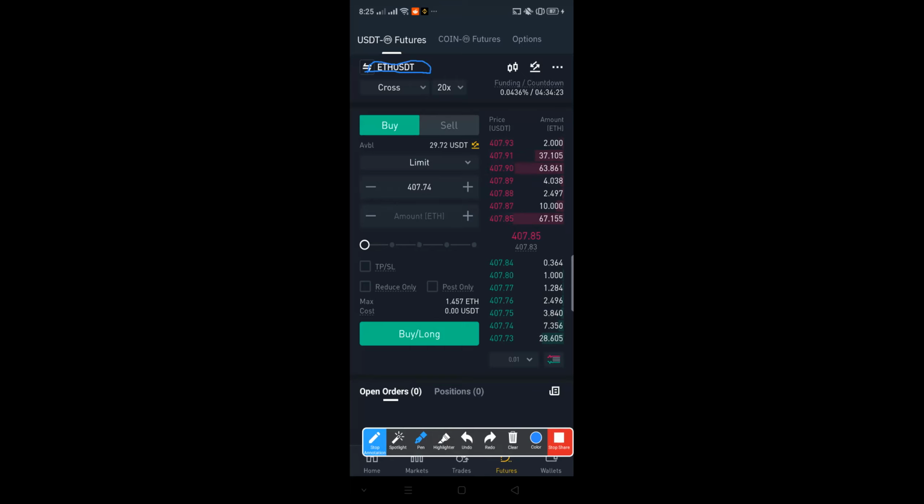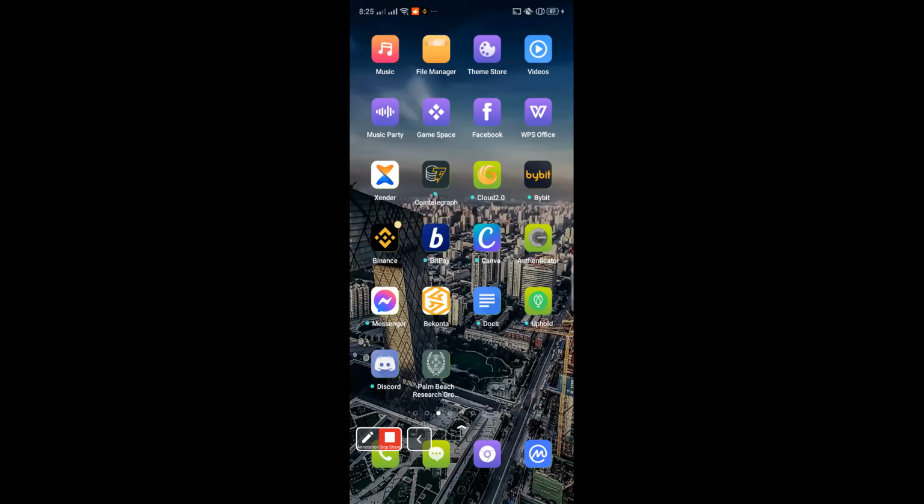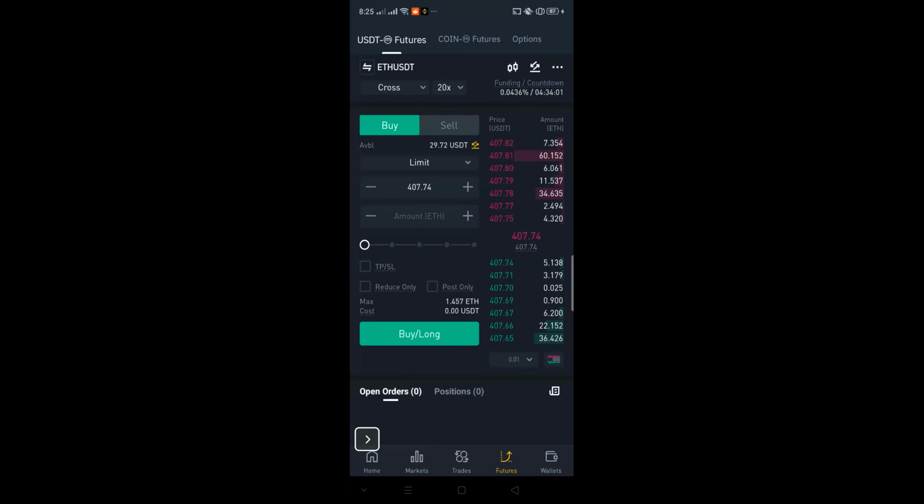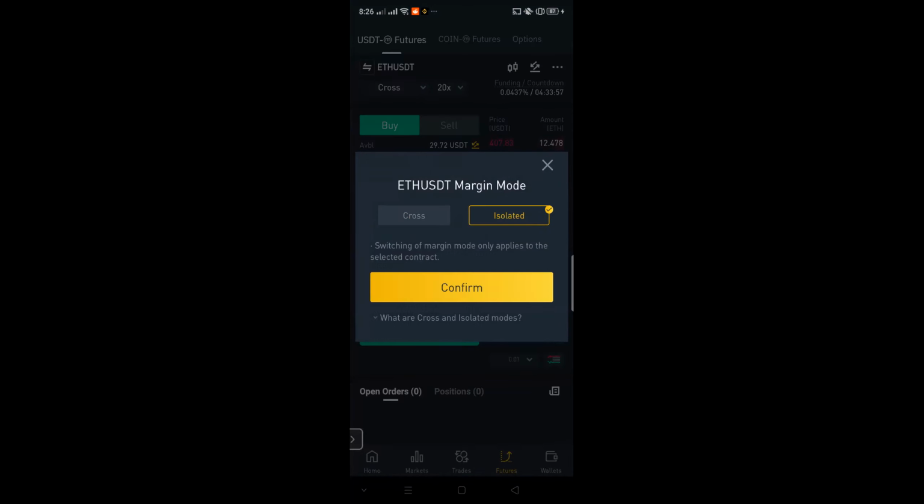That's the pair. So under the pair, you see the cross. The first thing you need to do is to change the cross to isolated. Then you click confirm.